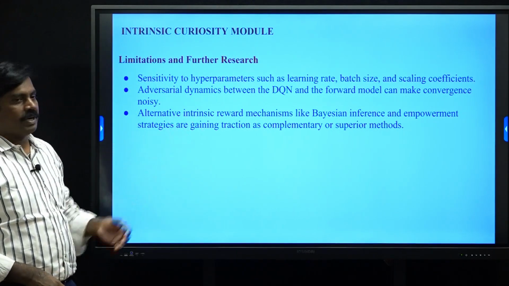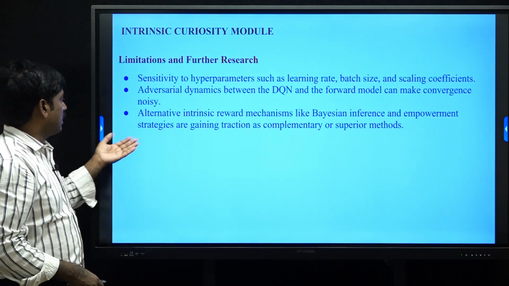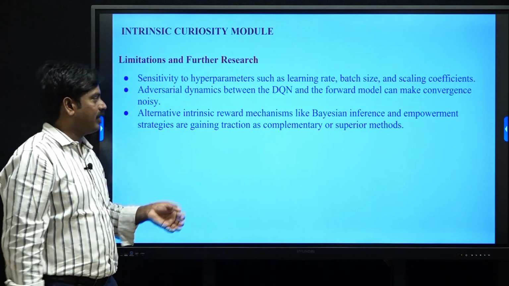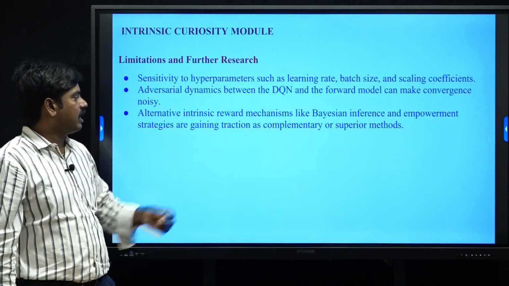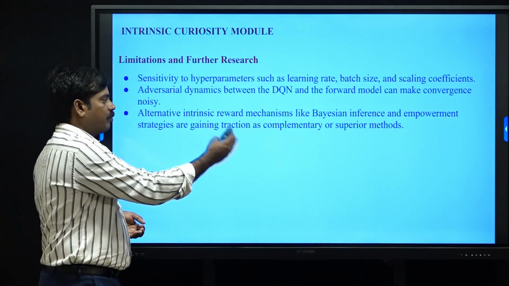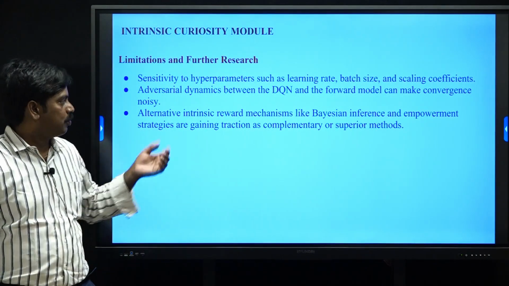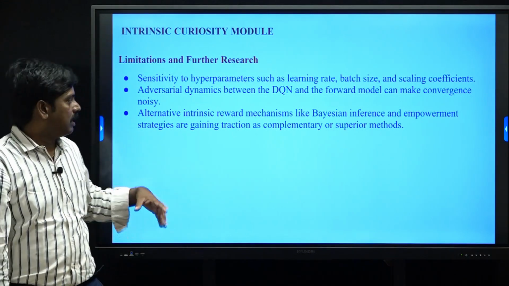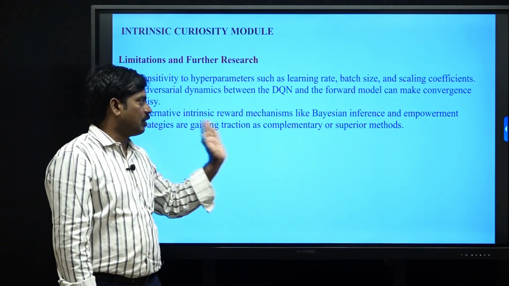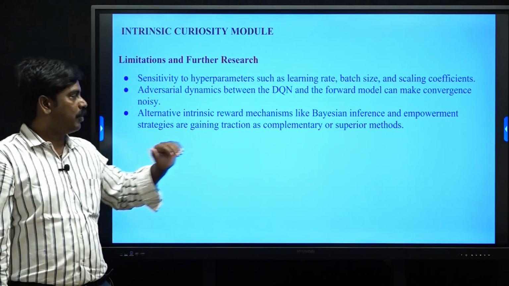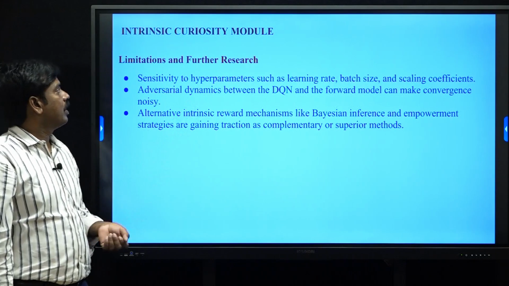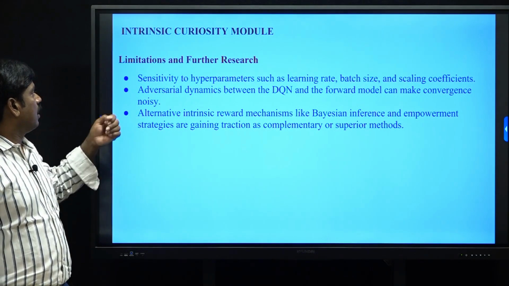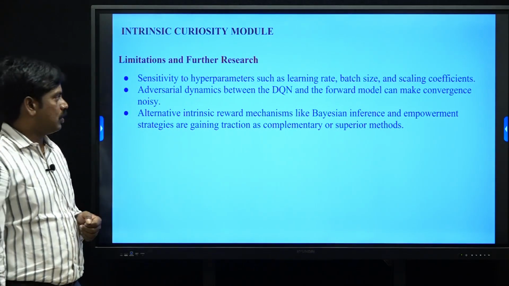Alternative intrinsic reward mechanisms like Bayesian inference and empowerment strategies are gaining traction as complementary methods for addressing some drawbacks of the intrinsic curiosity module.